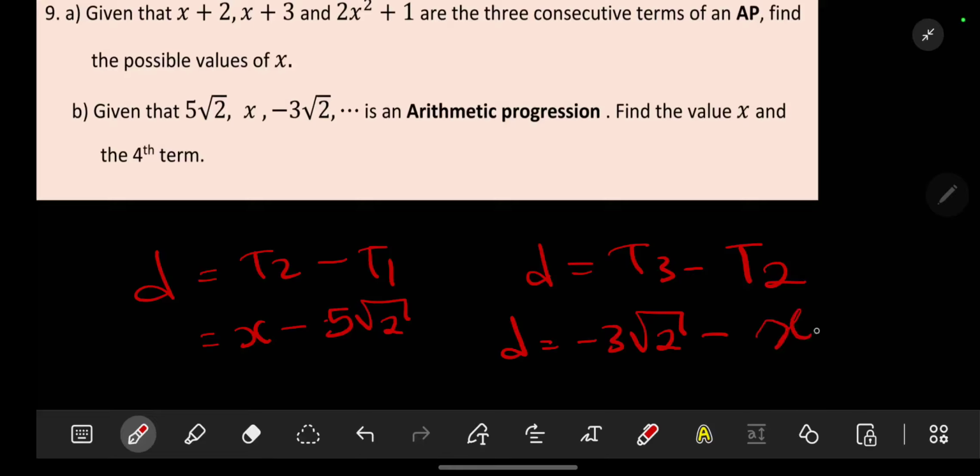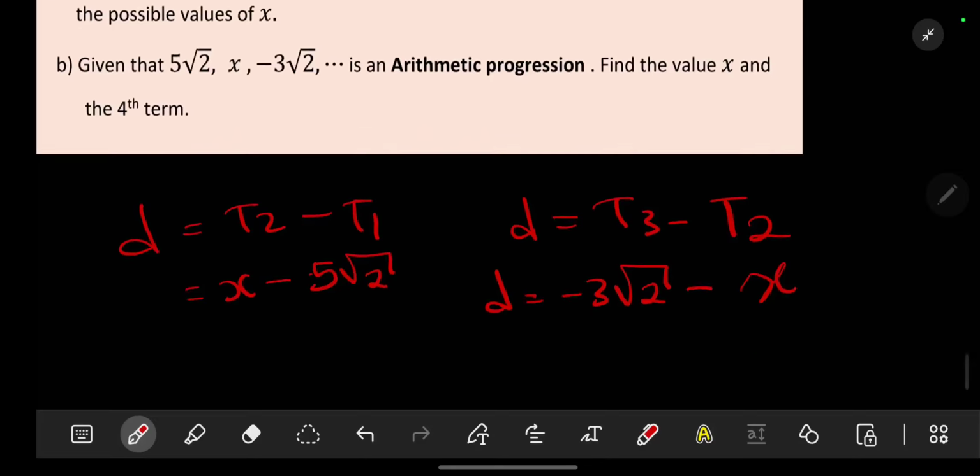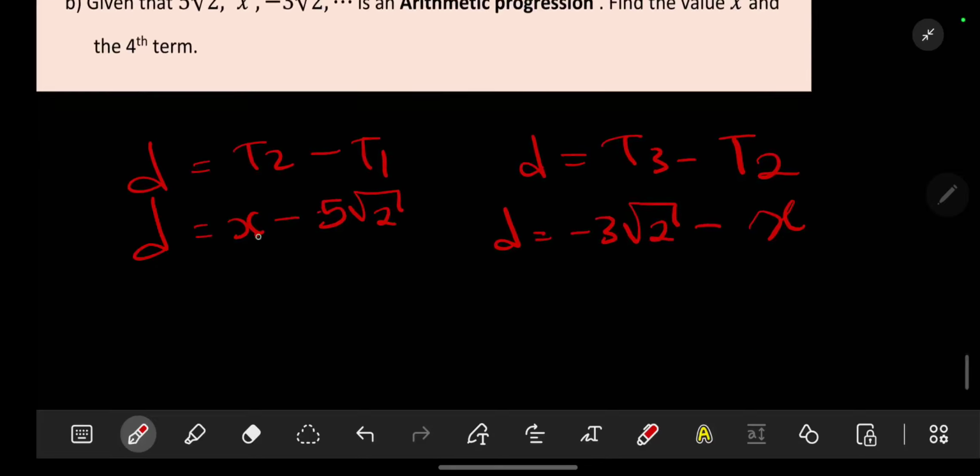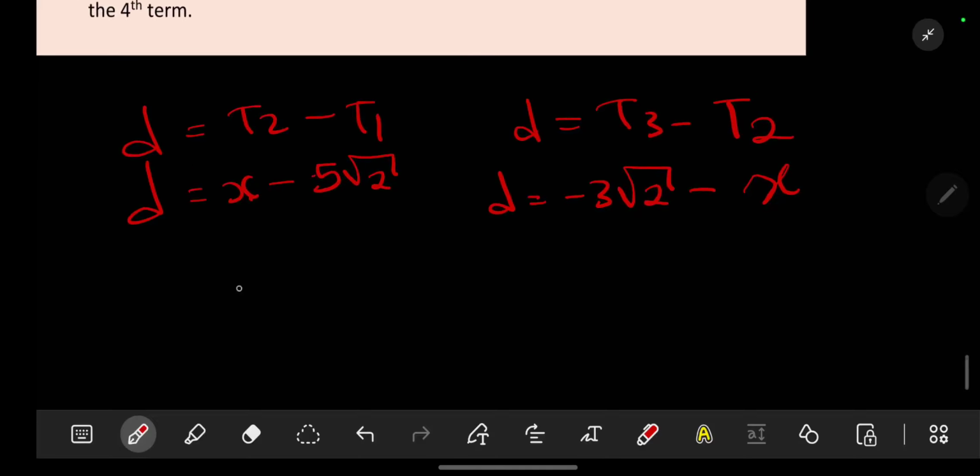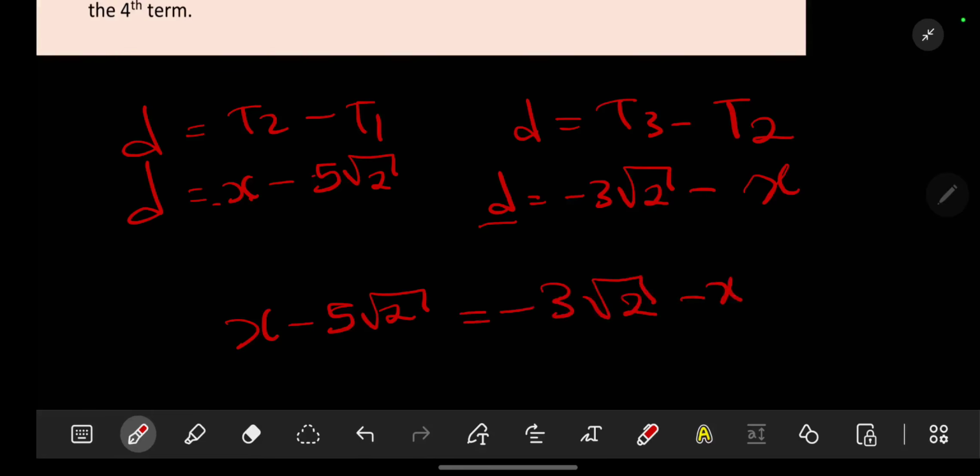So we are going to put our x like that. Then, knowing that this d and this d are the same, we are going to equate. So where there is d in this equation, put this. That's the meaning. So where there is d, we put x minus 5 root of 2 should be equal to negative 3 root of 2 minus x.